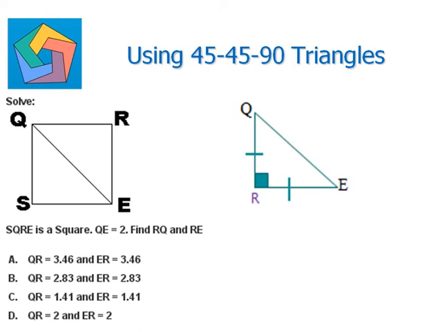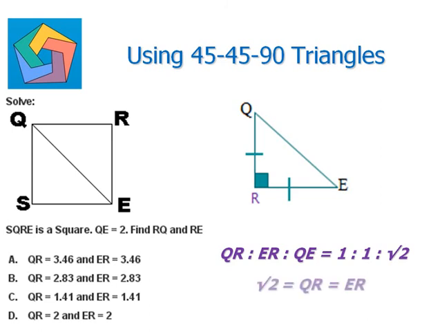So let's start off. We know by the ratio that QR is to ER is to QE equals 1 is to 1 is to square root of 2. Now we have been given that QE is 2. So by the ratio QR is equal to ER, which you already know, and both of these are equal to square root of 2.